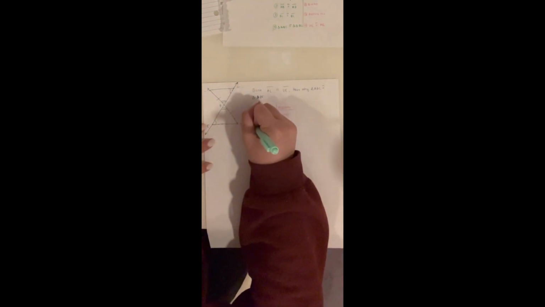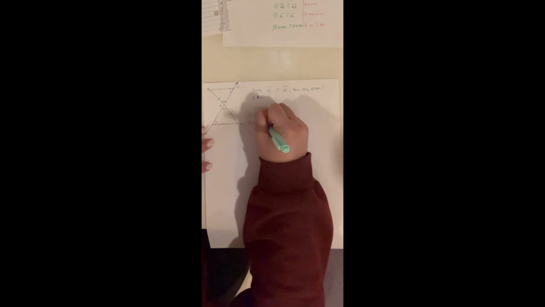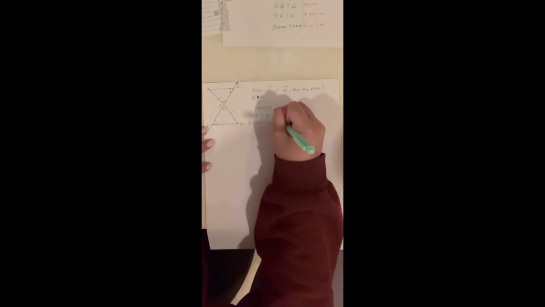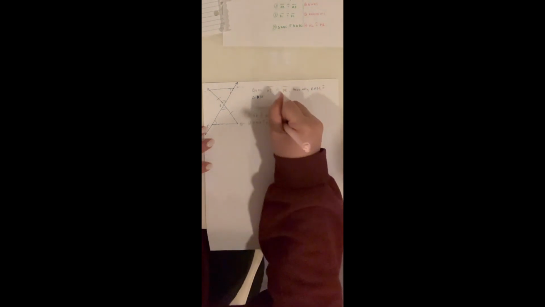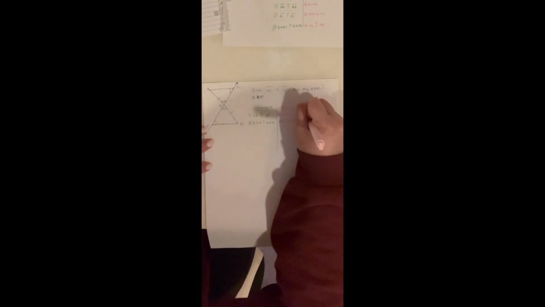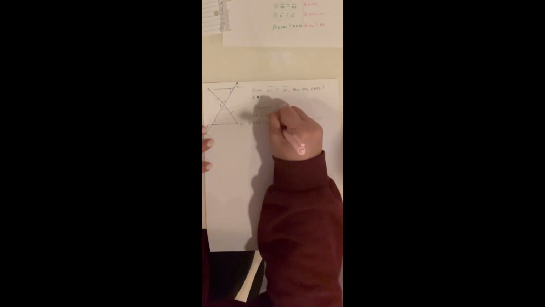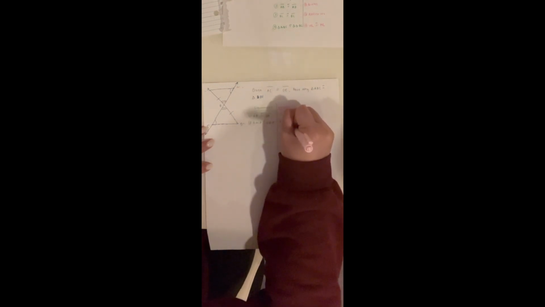So we can say that angle ACB is congruent to angle DEB because, keeping it color coordinated, alternate interior angles of parallel lines are congruent.